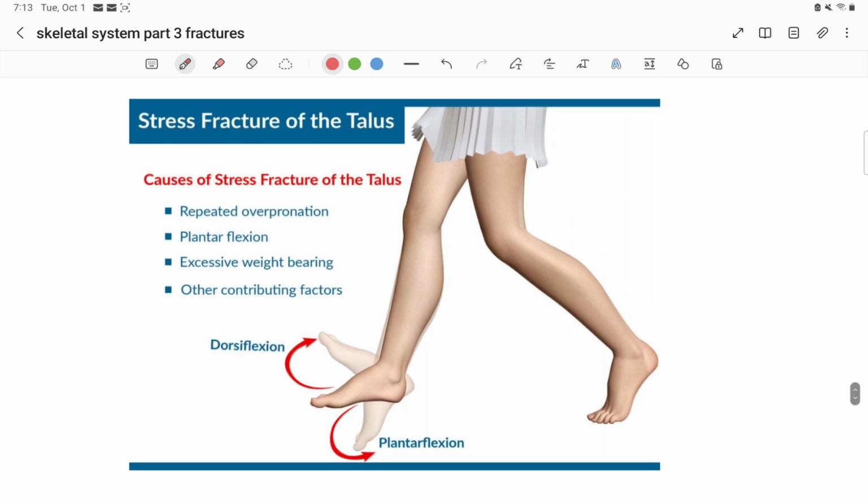Okay, another type of fracture is a stress fracture. I call this the paper clip analogy.